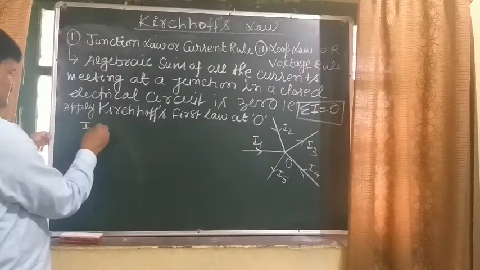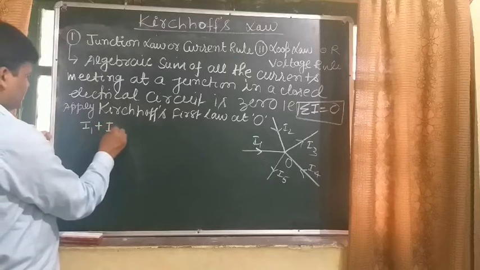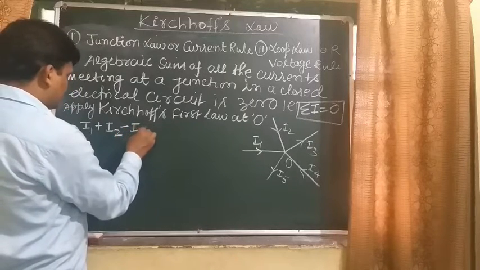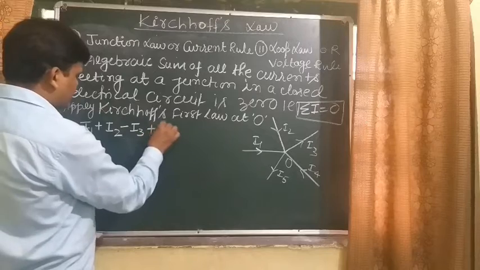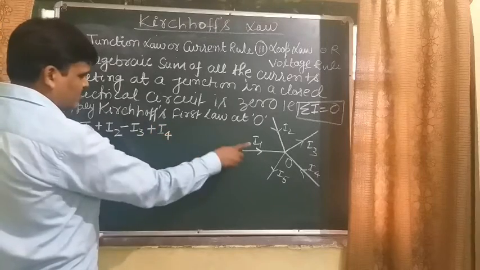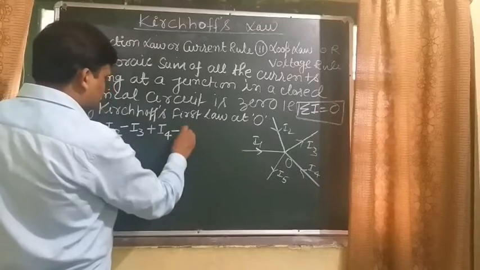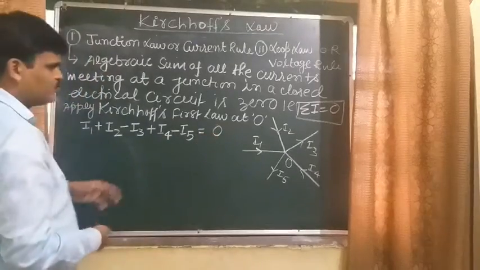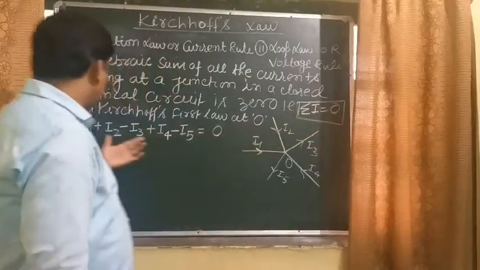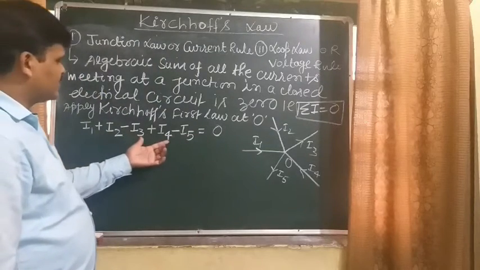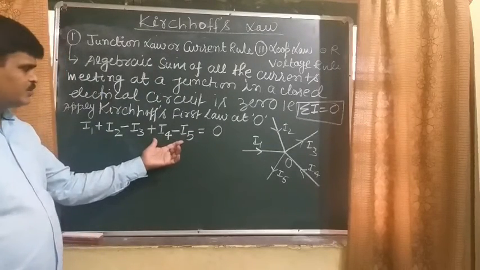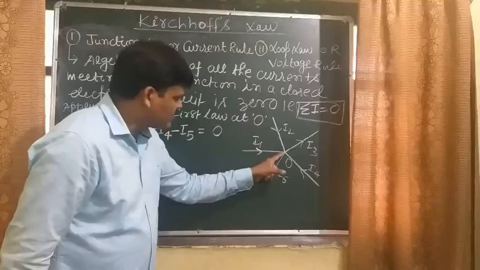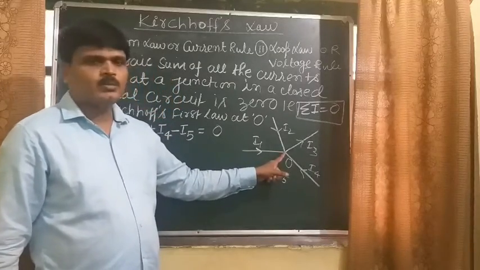And students, see here carefully. The direction of current toward the junction is taken to be positive, and the direction of current leaving the junction O is taken to be negative. And it is equal to 0, because we use the formula sigma I equal to 0. So I1, I2, I4 are toward the junction, taken to be positive.